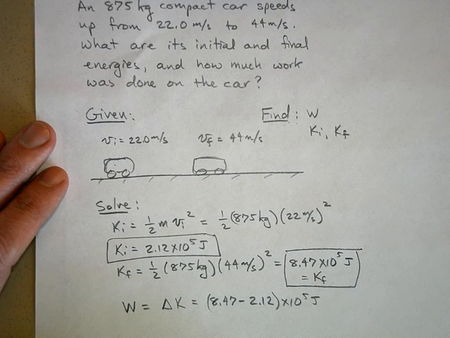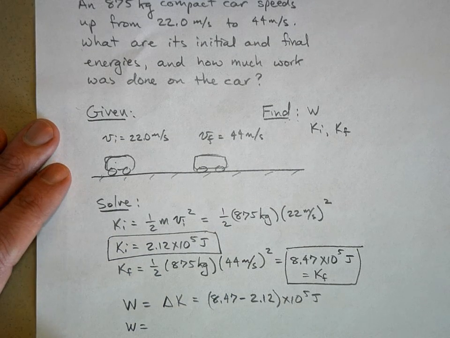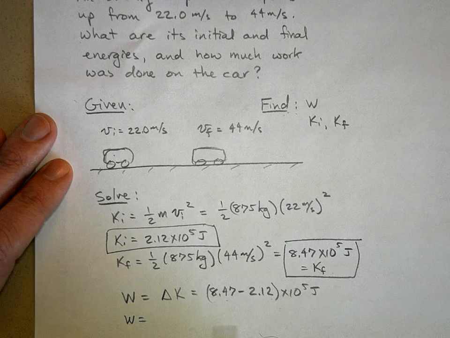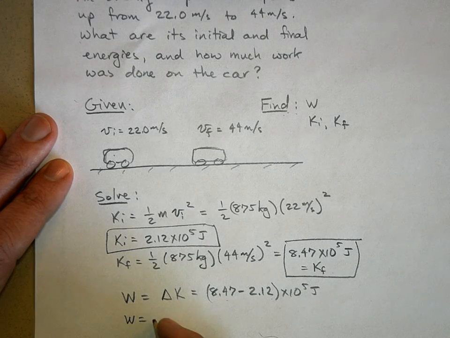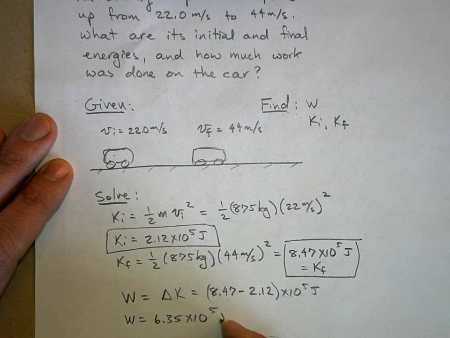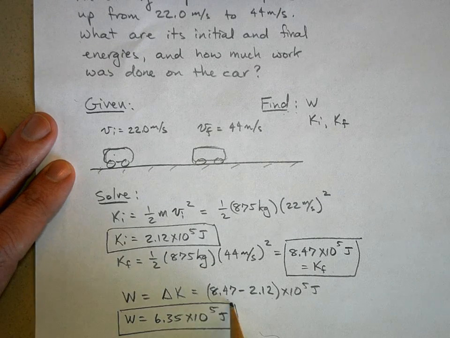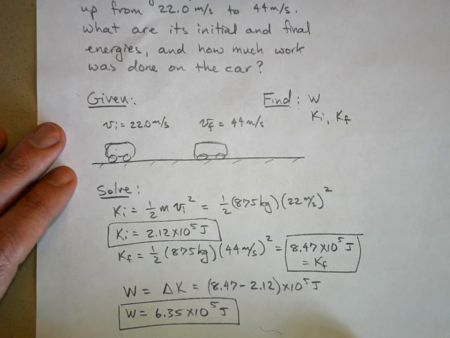And so what you get is the work done. When you subtract this from that, you get 6.35. So this is how much work was done.